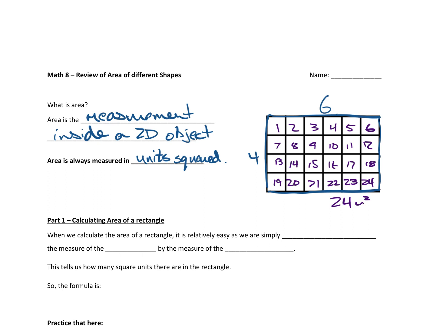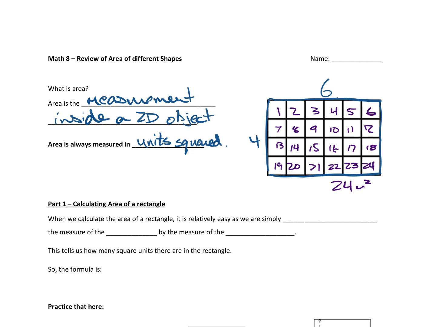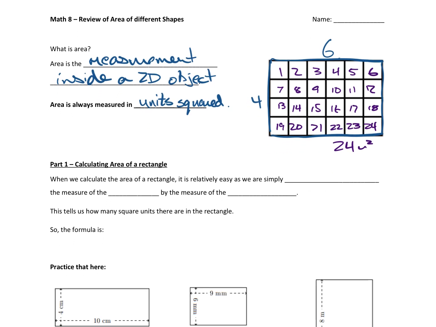So when we are calculating the area of a rectangle, okay, it is relatively easy, as we are multiplying the measure of the base by the height. Okay, if you were paying attention when I was counting there, 4 times 6 equals 24, right?